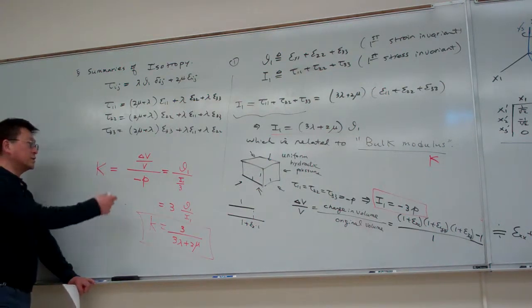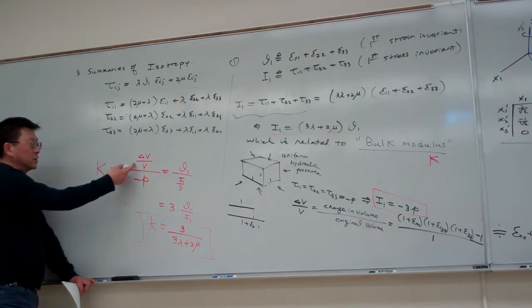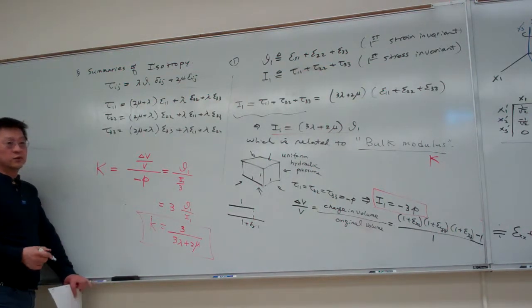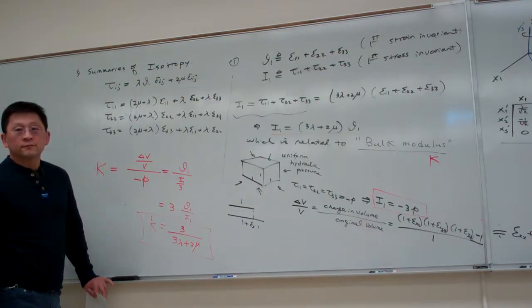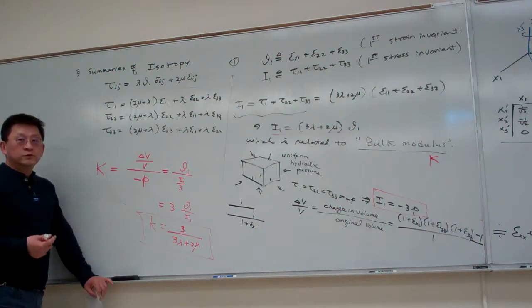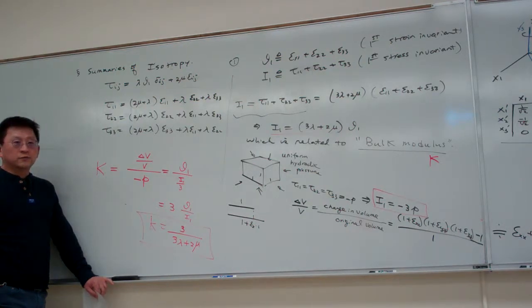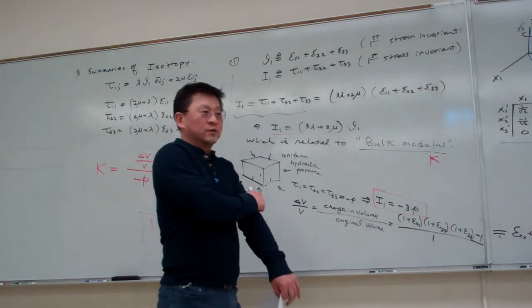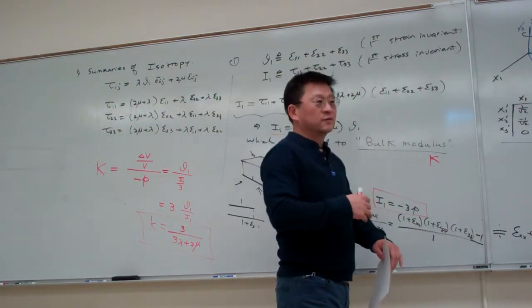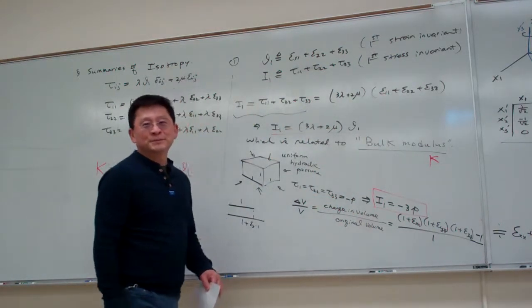Again, the bulk modulus is defined by the relative change in volume compared to the pressure. For example, I'm older than all of you here, and your ratio should be less than mine. I'm more spongy in my body, right?